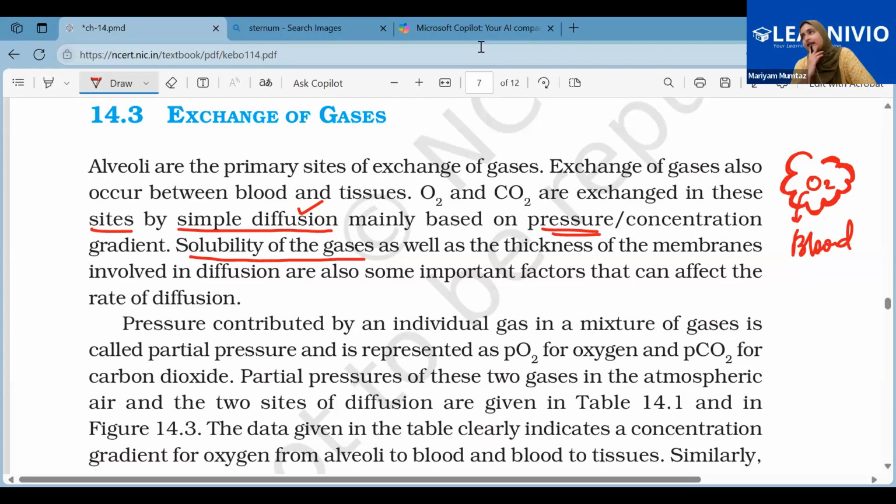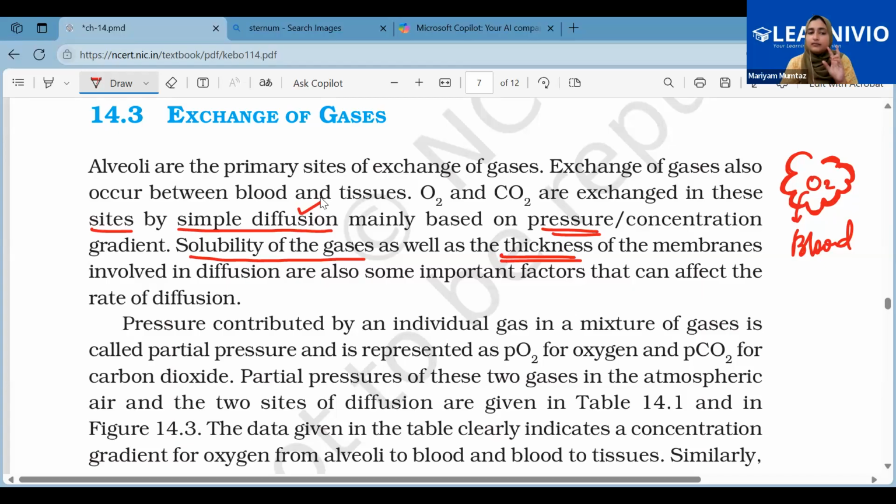Now, if the gas has to mix with the membrane, and the membrane is too thick, then also it's going to fail. The gas is mixing, but it got mixed and lost in the membrane itself because the membrane was too thick. That is why the alveolar membrane is as thin as a paper, very, very thin. So the solubility affects the diffusion, and the thickness of the membrane affects the diffusion.